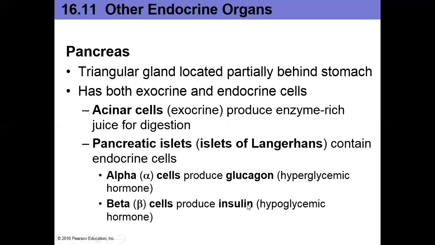And insulin is a hypoglycemic hormone. Insulin brings down blood glucose levels. Now, when are they secreted? Glucagon is secreted when you are hypoglycemic, and insulin is secreted when you are hyperglycemic. So they're just telling you what they do, increase or decrease blood glucose, but they're released in response to either high or low blood glucose levels.